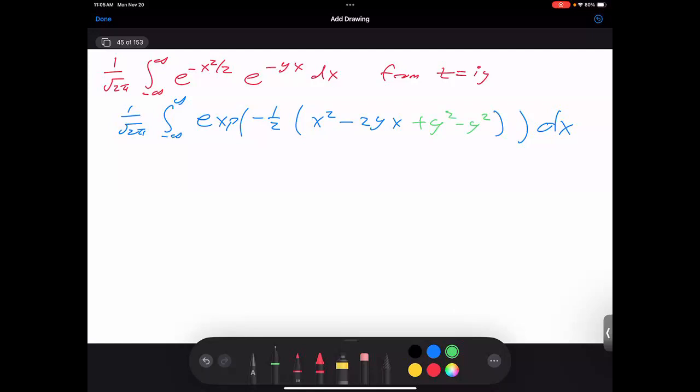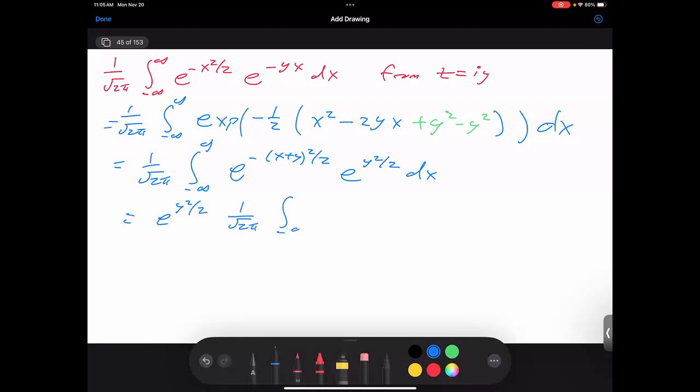I've added 0. And so if I do that, I now have 1 over square root of 2 pi, integral from minus infinity to infinity of e to the negative x plus y squared over 2, e to the, now I've got a negative y, a negative 1/2, so that's going to be e to the y squared over 2 dx. So I have an e to the y squared over 2, 1 over square root of 2 pi, integral from minus infinity to infinity.